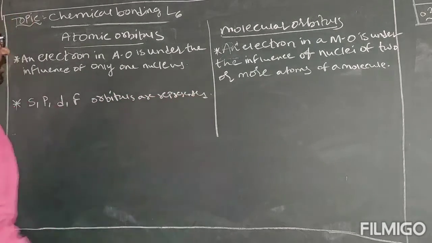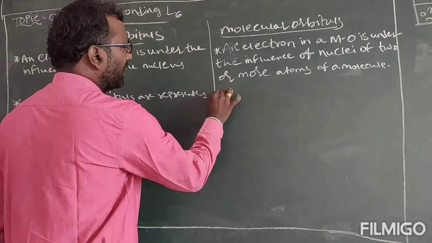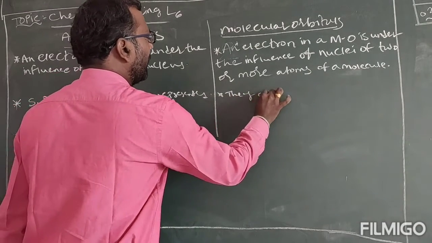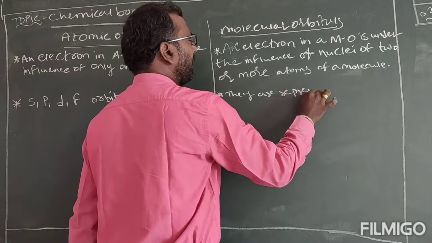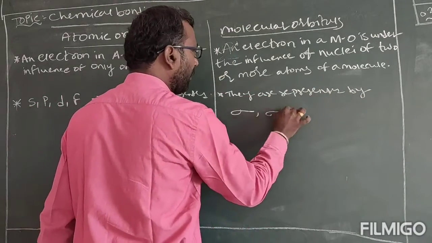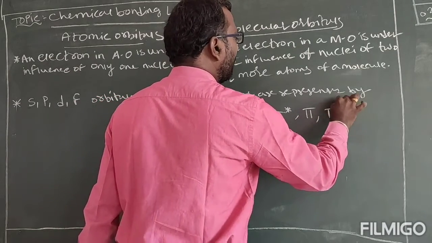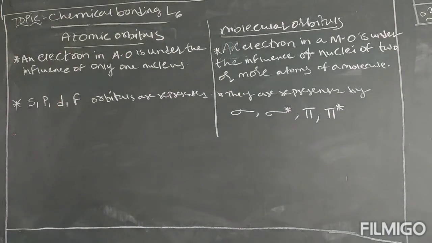They are mainly represented by s, p, d, f orbitals, whereas molecular orbitals are represented by sigma, sigma star, pi, pi star.